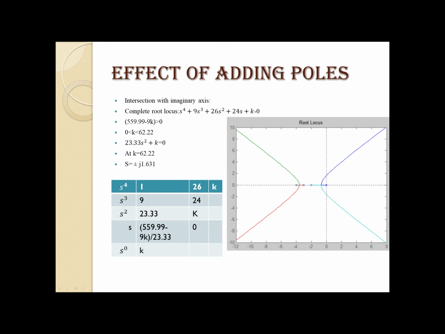That means if we add a pole to a system, then the type and order of the system are increased, and the stability of the system decreases.